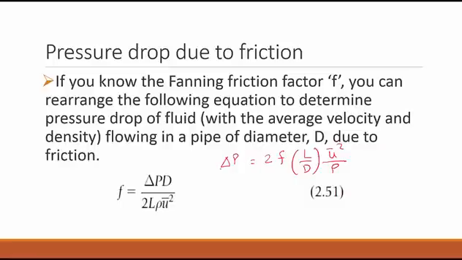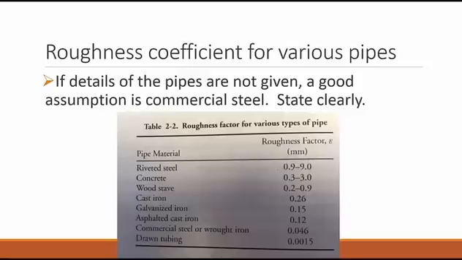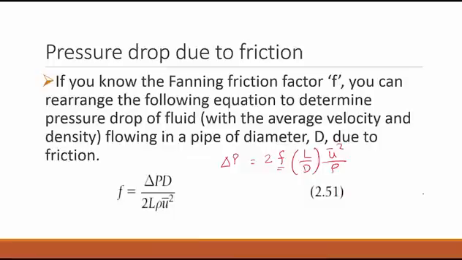So when a fluid is flowing through the pipe, due to the friction, there is a pressure drop, which is proportional to the F, which is what we determined using Moody's chart or 16 by Reynolds number for the laminar flow. The higher the length of the pipe, the higher the pressure drop. The larger the diameter of the pipe, the smaller the pressure drop, right? The higher the velocity, the higher the pressure drop. It's proportional to the square of the velocity times the density of the fluid.